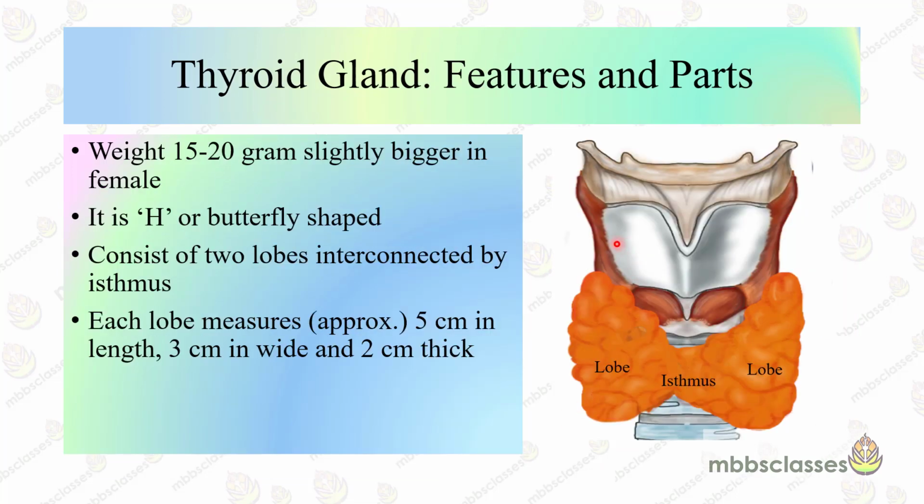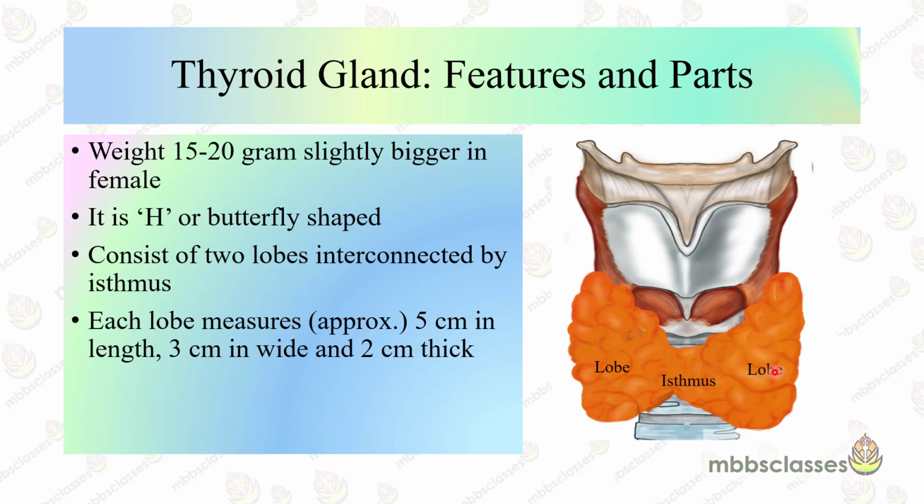So, if you see the features and parts of the thyroid gland, normal thyroid glands usually weigh around 15 to 20 grams, which is slightly bigger in case of females. Sometimes it is said to be of H shape or of butterfly shape. So it constitutes two lobes, the right and left lobe, and the two lobes are interconnected by a narrow band of thyroid tissue that is called isthmus.